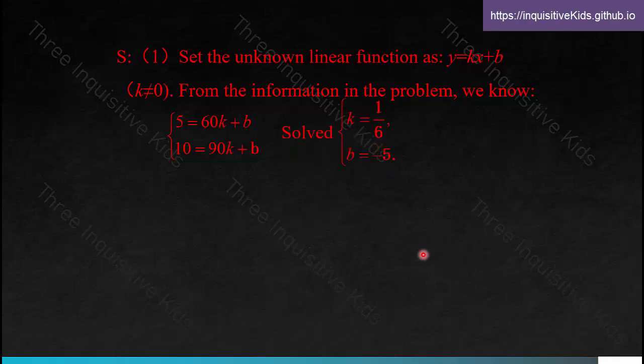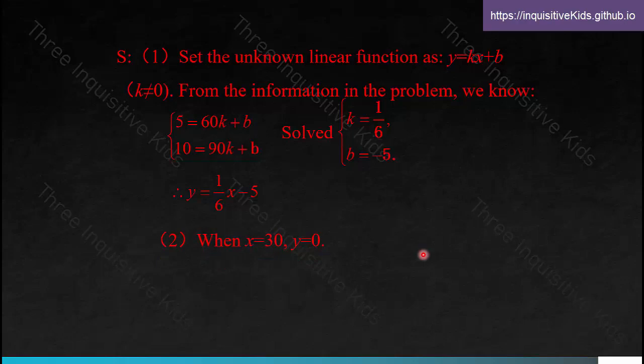Solved, k is equal to 1/6, b is equal to -5. So therefore, after plugging this back in, we have the linear function y is equal to 1/6 x minus 5.